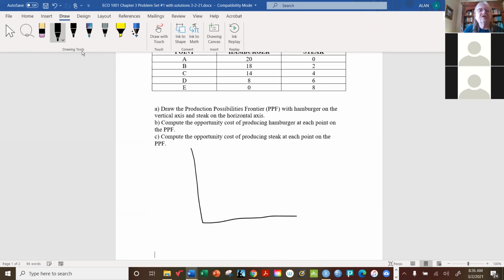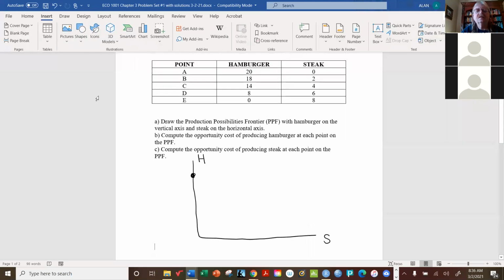Now, the one thing we have to watch out for is that we're all going to get different graphs if we don't put the same good on the same axes. So it says in the instructions to put hamburgers on the vertical axis. So let's make sure we do that. And steak on the horizontal axis. So if you look at these points, you're starting out with 20 hamburgers and no steaks.